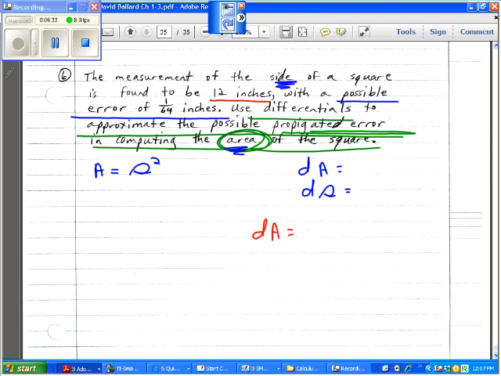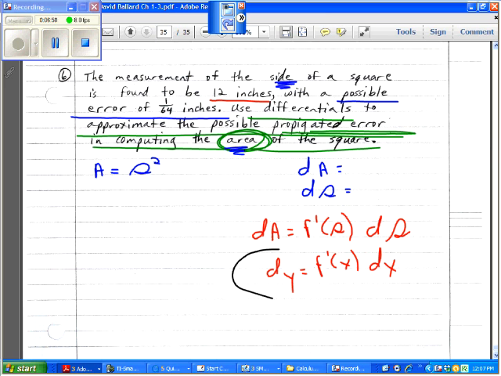Differential area is equal to F prime of side, d side. Remember that dy is equal to F prime of x dx. There's my formula. Differential y is derivative of x dx.